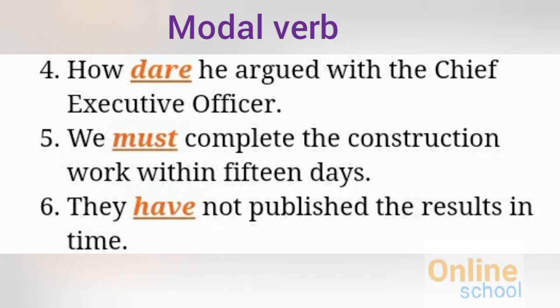Number 5, we must complete the construction work within 15 days. Number 6, they have not published the result in time. The modal auxiliary verb example: he can shoot a 3-point shot easily.